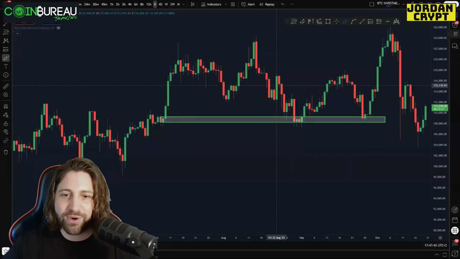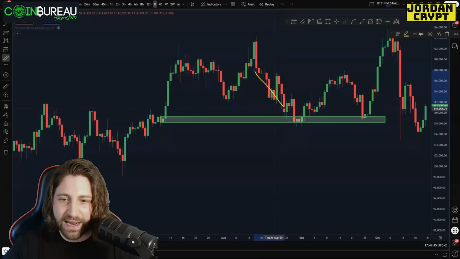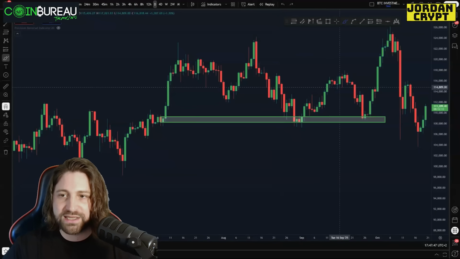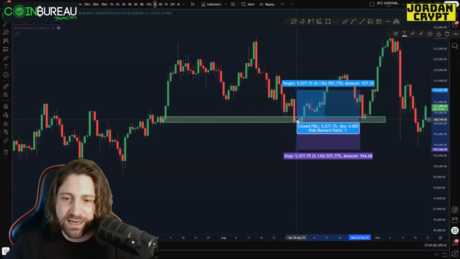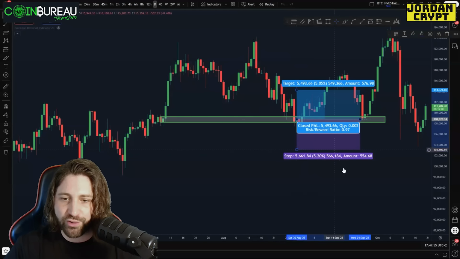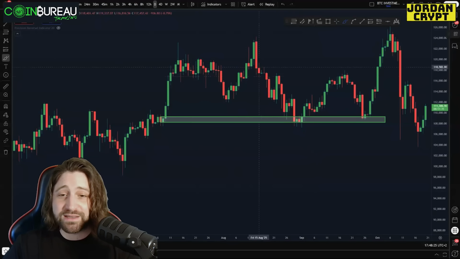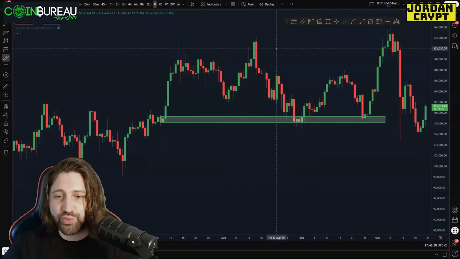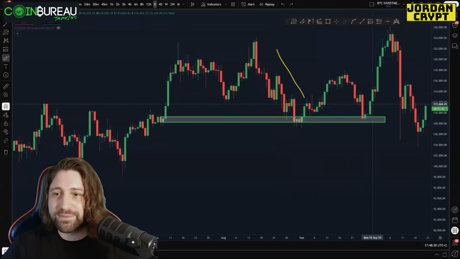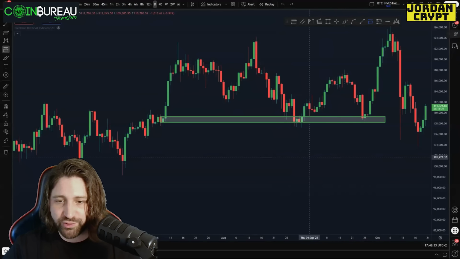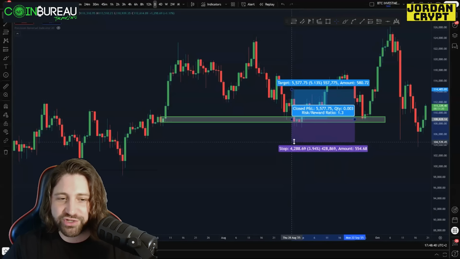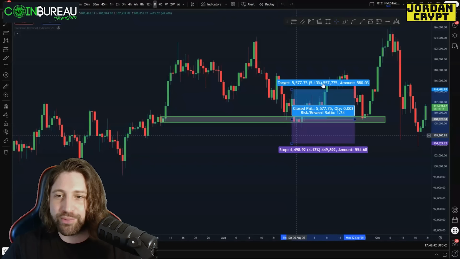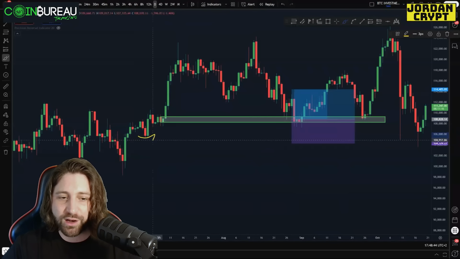Once you see price mitigating and heading back towards your order block, take your long position drawing tool and drop your entry directly into the center of the order block, and of course bring your stop loss down below the previous major swing low.